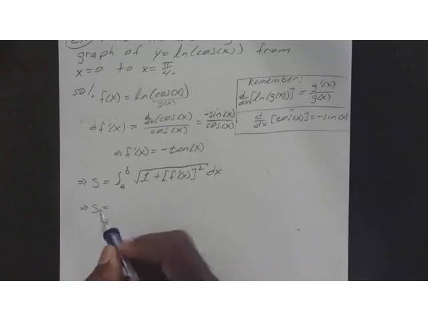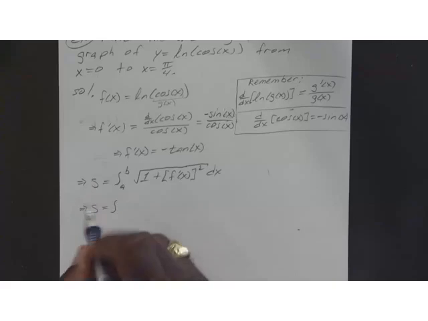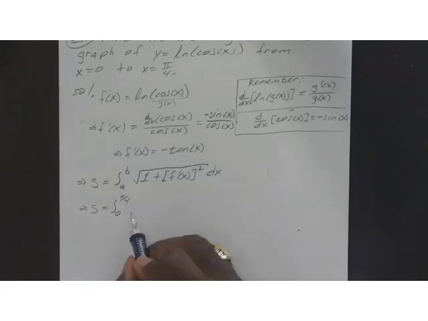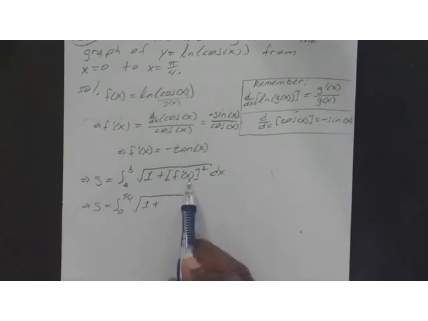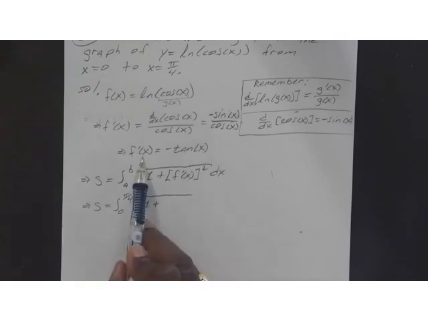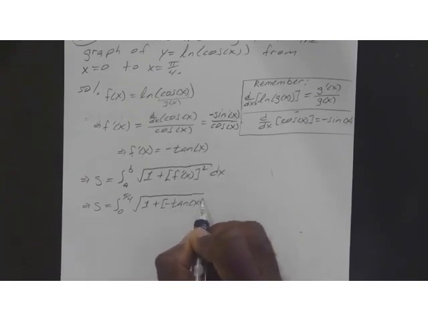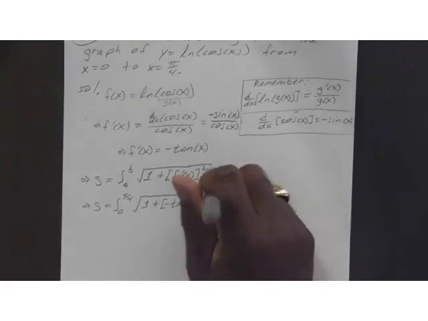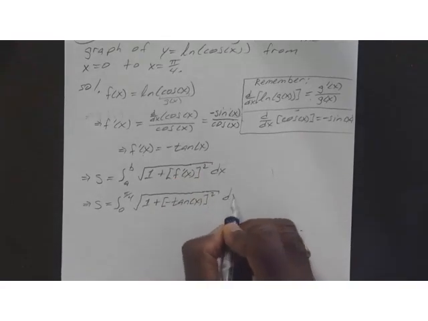That means your arc length is equal to the integral from 0 to pi over 4 of the square root of 1 plus f prime of x squared. So that'll be negative tangent of x squared. Oops, I forgot my squared. There we go. With respect to x.